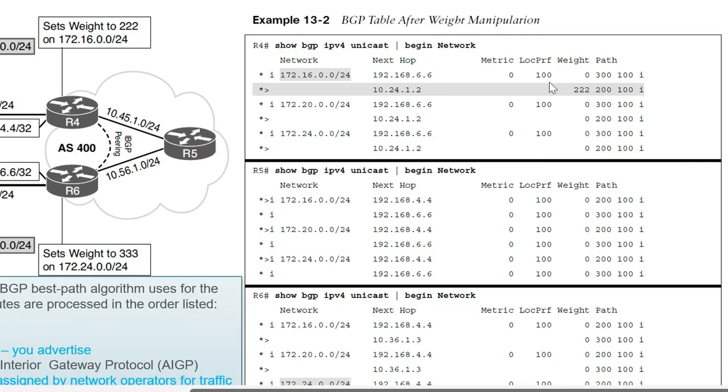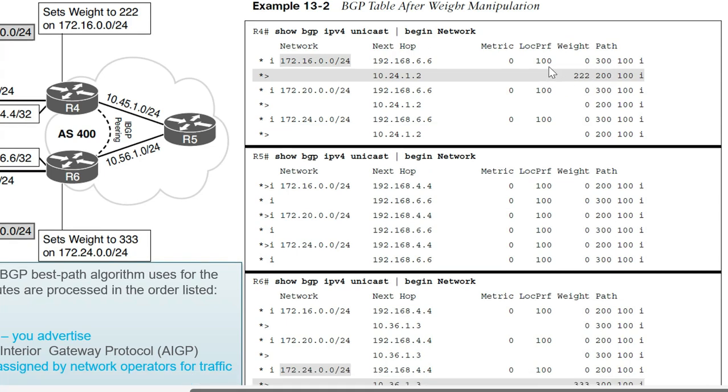Okay, so notice there is another attribute here. Local preference is 100. So let's assume that this value has been set by router 6, because by default local preference has no value, but it can be advertised among iBGP routers. So let's assume that router 6 has advertised this network with a local preference of 100.